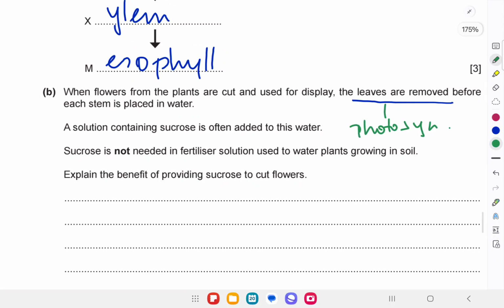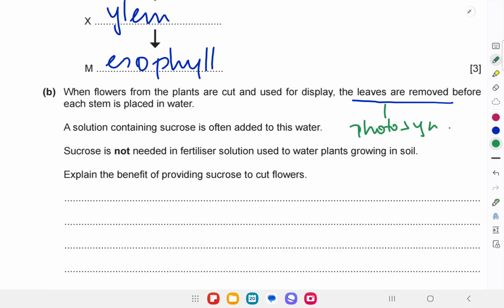So if the leaves are removed, now the flowers cannot obviously photosynthesize for themselves, but they require glucose, they require sucrose for respiration. So if you provide an external source of sucrose to them, the sucrose can move up the phloem, and it can provide the cells of the flowers energy for respiration.